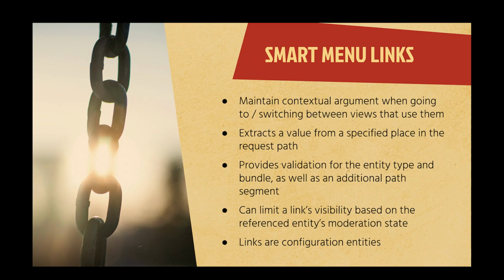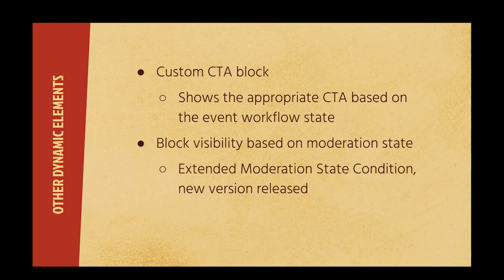It also does some other validation pieces, really to try and, as quickly as possible, determine whether or not we're in a place of the site where we can pull that out of the URL, or should we just fall back to a globally configured value. And critically, the Smart Menu Links are configuration entities, so they become part of the configuration management that you can keep as part of your workflow with Drupal as well.